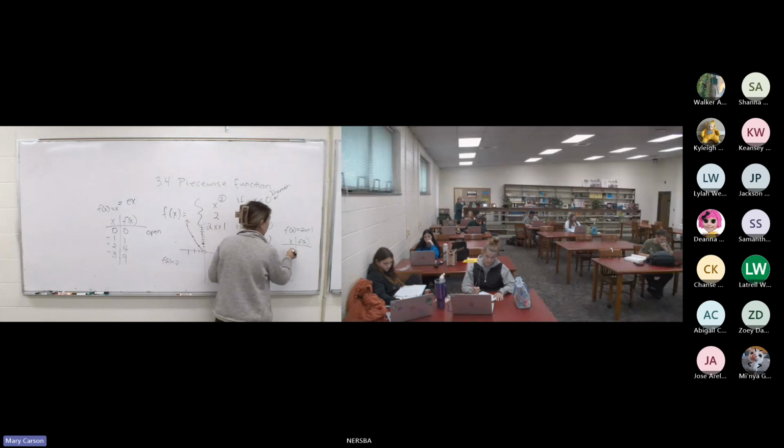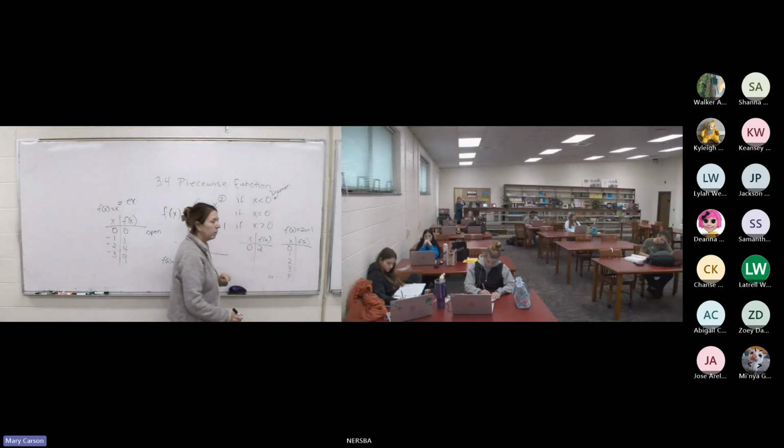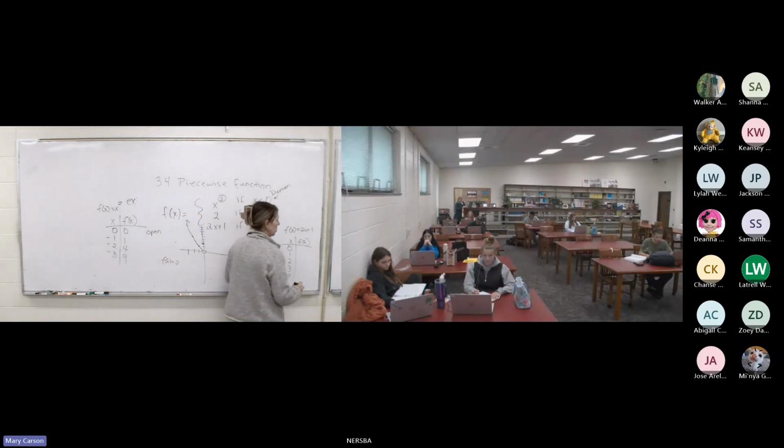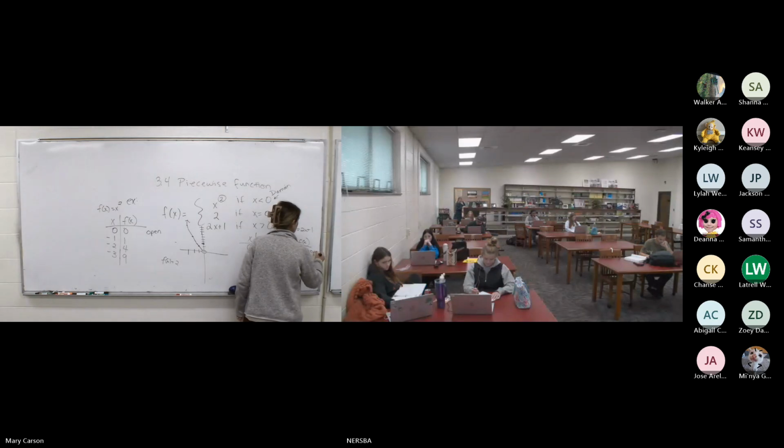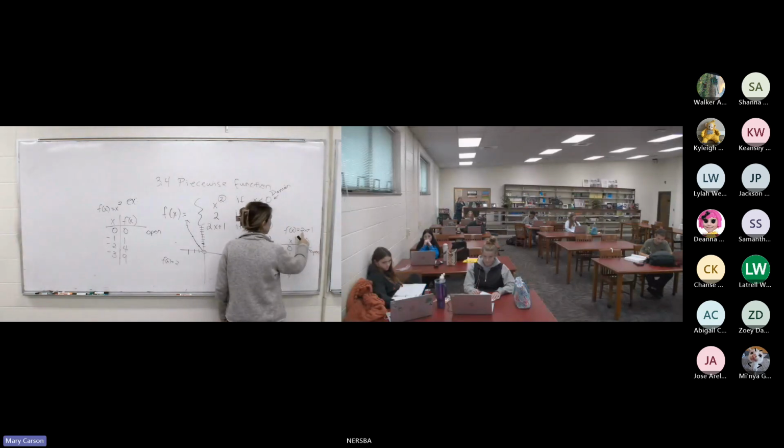Still have to start with 0, but then I want greater than 0. So that would be 1, 2, 3, and so on, right? Or if I wanted to keep going, I could keep going. Now, on 0, are we including 0 or not? No, if it was including, it would have an equal to, right? So it doesn't have an equal to, so we're not including, so is it gonna be an open or closed circle? Open.